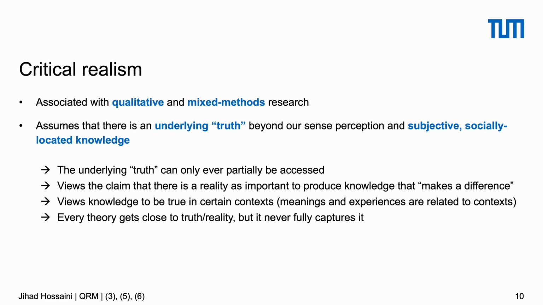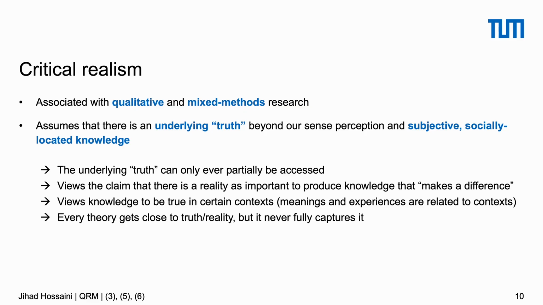Okay? So we are relativists in an epistemological sense, but we are realists in an ontological sense. This is often viewed as a nice middle way between the other two positions, and especially in health sciences, this is used a lot, at least you will find it often in health science literature.